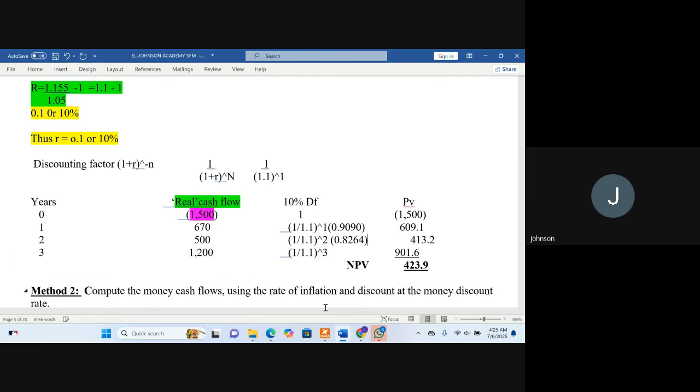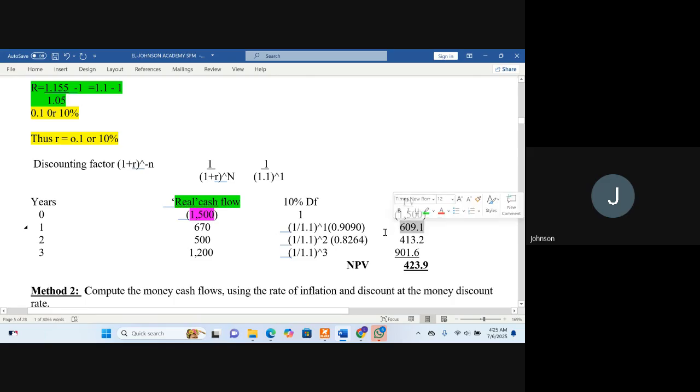So since you have gotten the discount factor, just multiply it by the cash flow. So we just say 0.9091 multiplied by 670. It's going to give you the present value of the cash flow, which becomes 609.1.